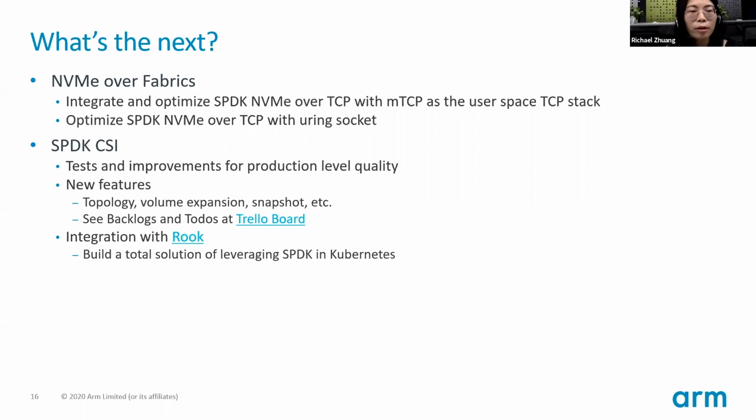And we will try to optimize SPDK NVMe-over-TCP with io_uring sockets. For the SPDK CSI plugin, we'll continue the tests and improvements for production level quality. And also we will introduce some new features like topology, volume expansion, snapshot, and so on.